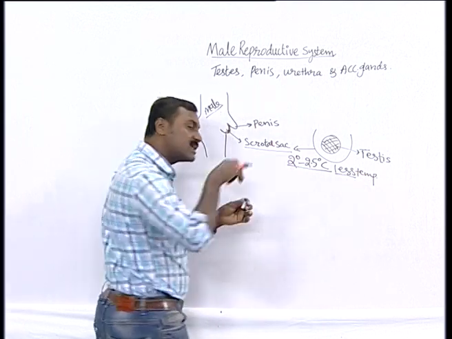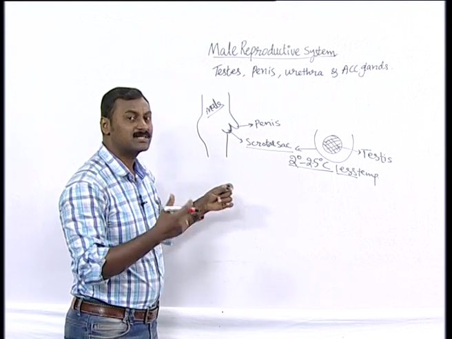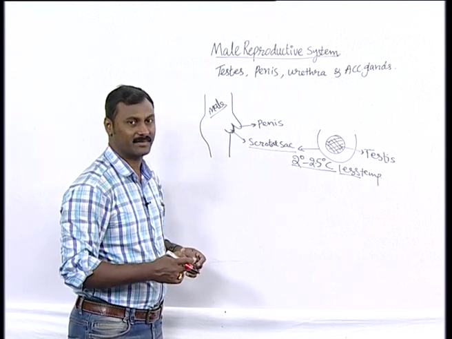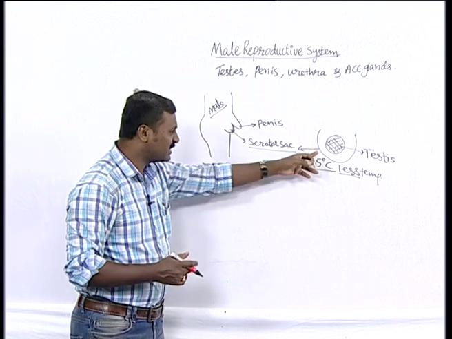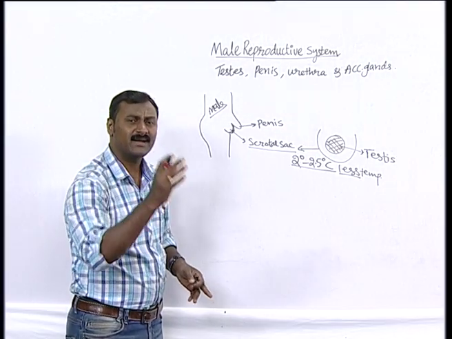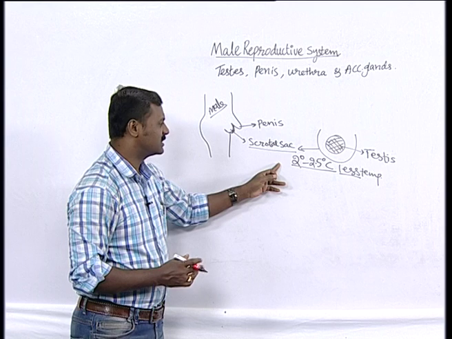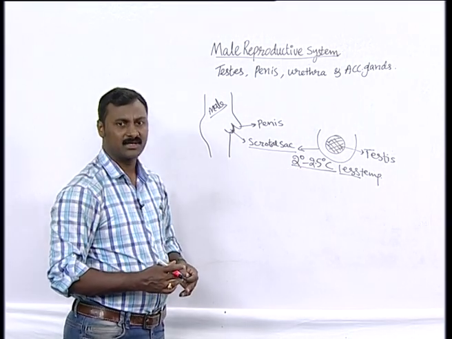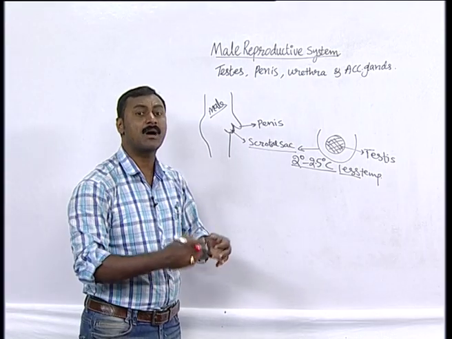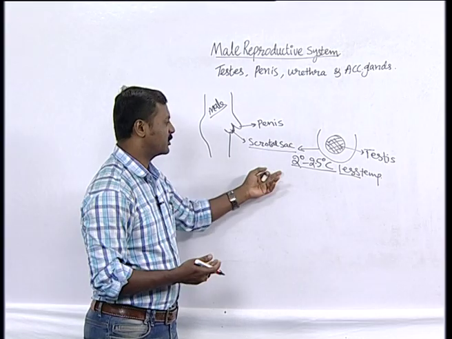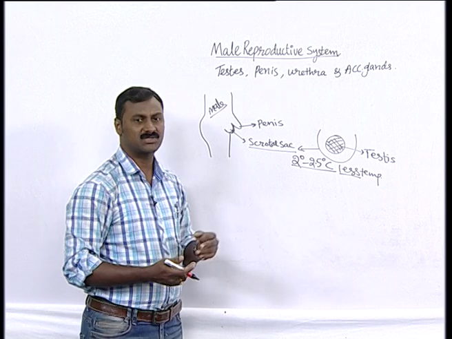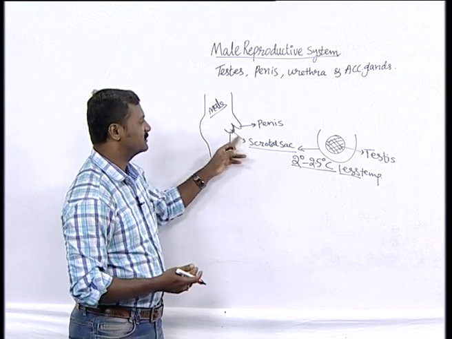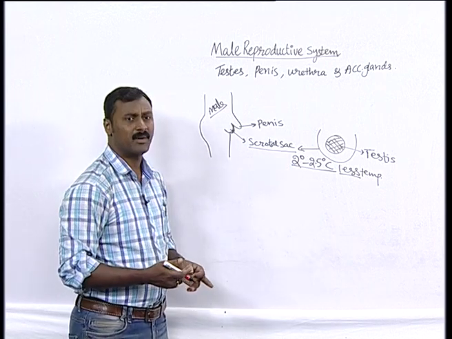If it were inside the body, there would be the body temperature of 37 degrees centigrade, but in the scrotal sacs only 35 degrees centigrade is there. It is less than body temperature by 2 to 2.5 degrees. This is suitable for the spermatogenesis process, for the production of sperms. That's why they are coming out of the body.